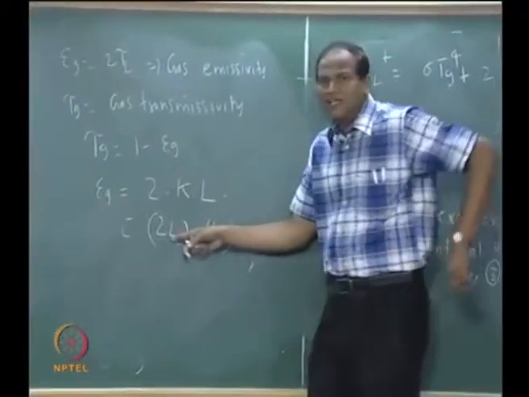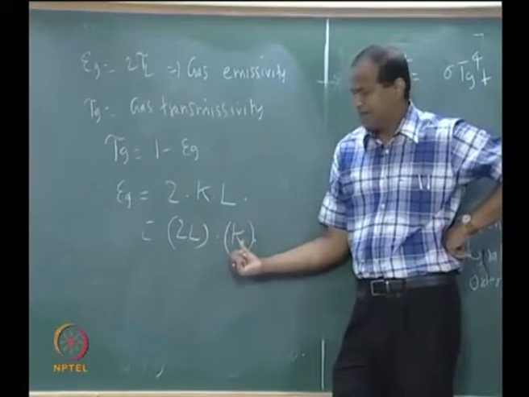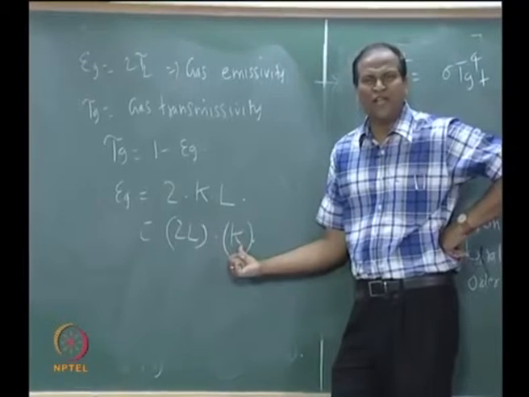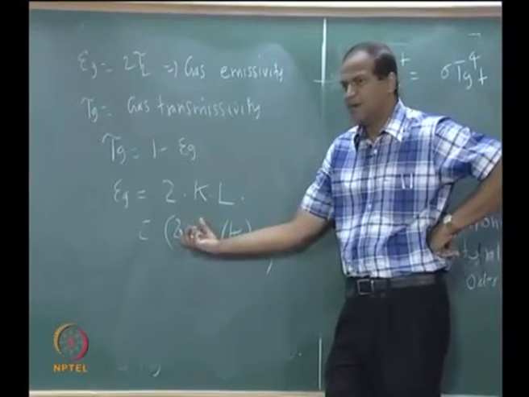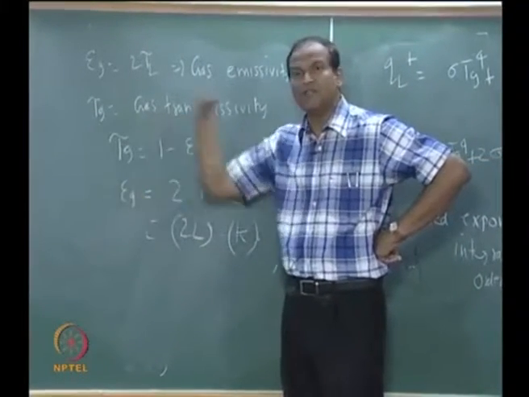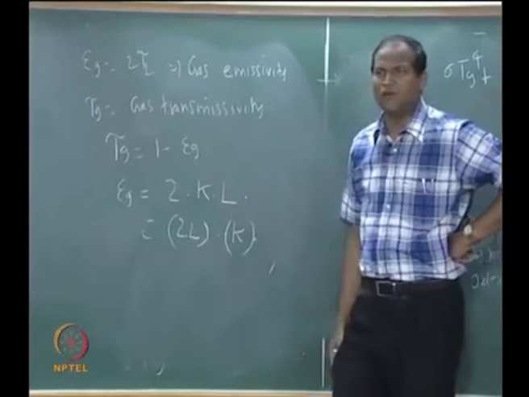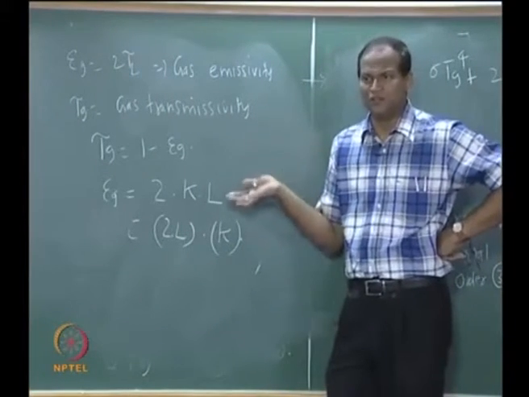The 2L is related to the geometry. The kappa is related to the capacity of the gas to absorb. Therefore, when I combine this geometric part and the thermal part, I am able to get an equivalent gas absorptivity with which I can use my radiosity formulation which I used for the evacuated enclosure. I can modify it and use it for this.